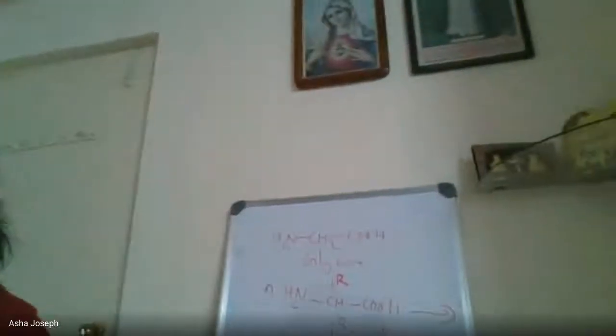How many binding sites are there? One, isn't it? Ethene, 1. And butadiene, how many are there? 2. Butadiene, 2 binding sites are there, no? So for ethene, how 1, ma'am? There is only 1. I will go to the board.